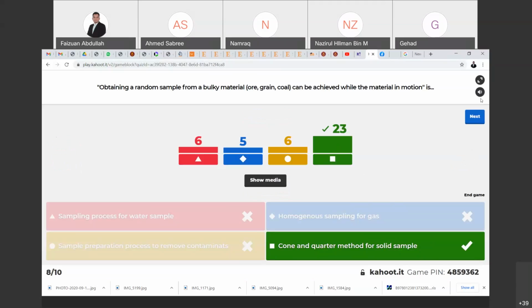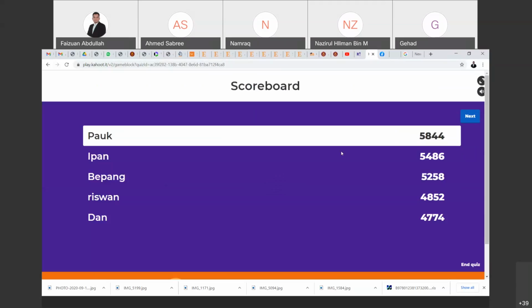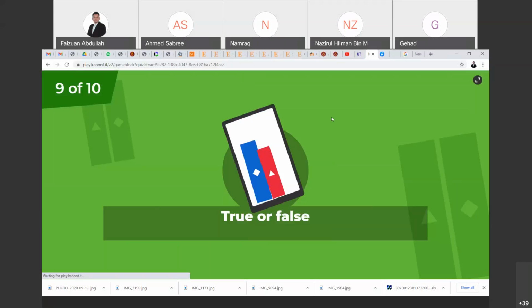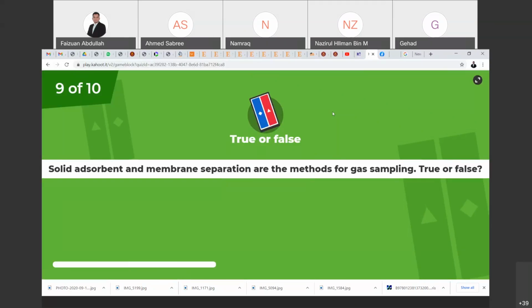All right. Leading, followed by Bepang, Ipan, Rizwan, and Anish Shakli. Next question. Solid absorbent and membrane separation are the methods for gas sampling.